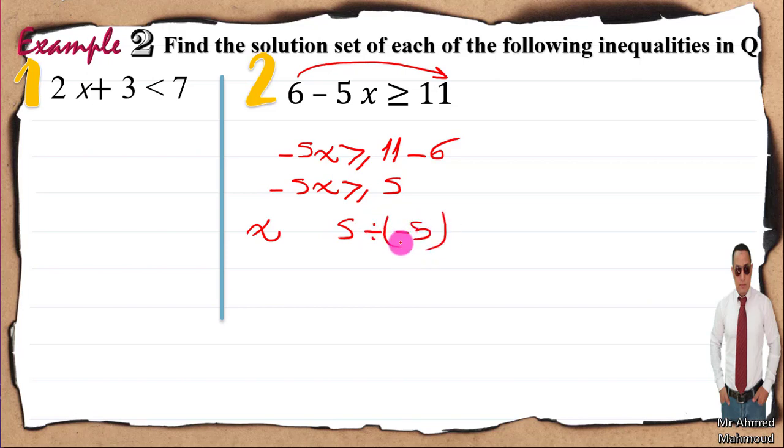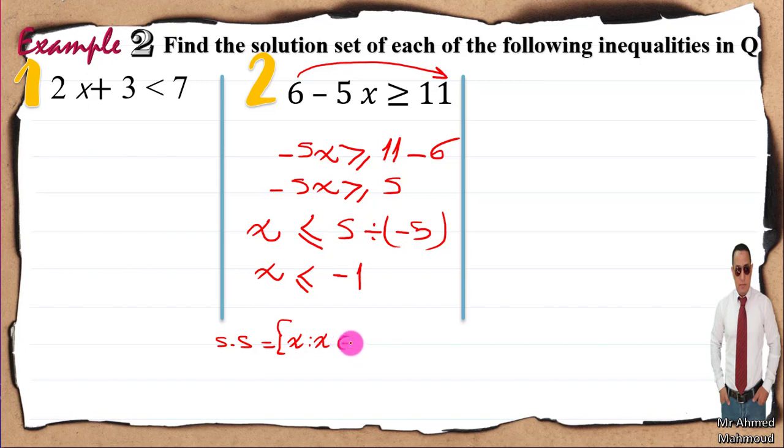When I divide by a negative, the direction will be changed like this. Don't forget, the direction will be changed because of the division by negative. So x less than or equal to negative 1. Now I'm going to write the solution set. x such that x belongs to Q and x less than or equal to negative 1.